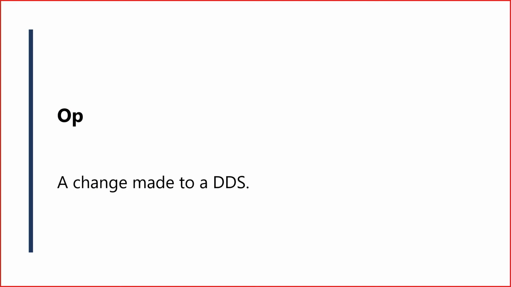Now, another term you're going to hear us use is op. As the user types into a rich text box, or a game activity occurs, or you just want to send a key and a value, that's going to trigger an op to be sent up to a Fluid server. And this server is going to be responsible for stamping these ops and making sure that they're in the proper order.